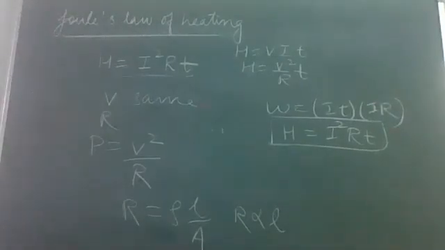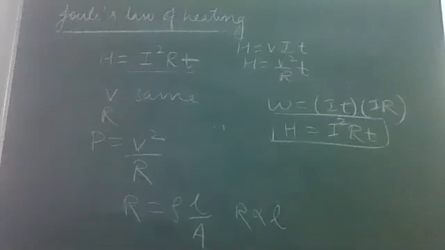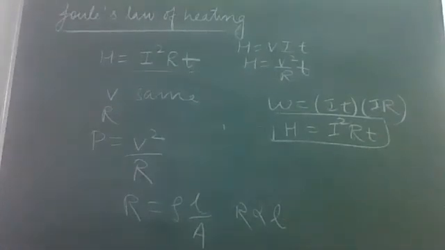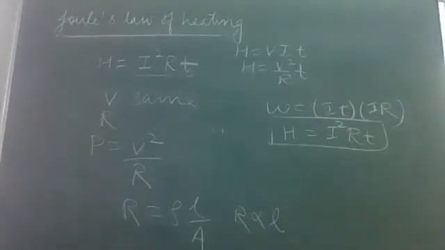Now what is open and closed circuit? Who will tell me open circuit and closed circuit? Open circuit means off. Closed circuit means on, through which current is flowing, in which the bulb is glowing.